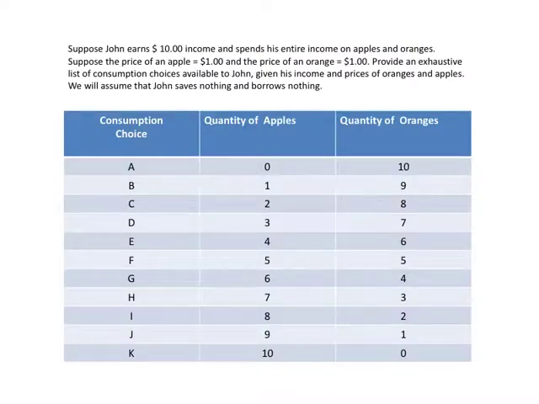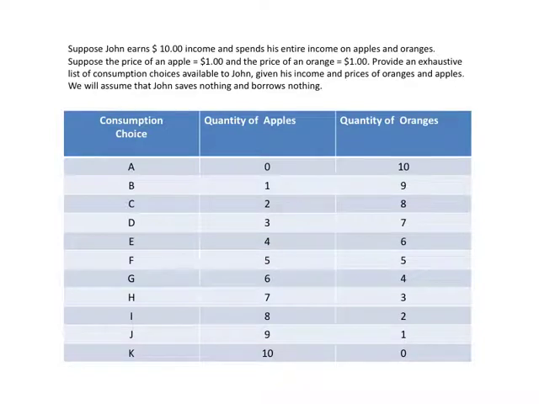Now let us look at another situation that pertains to John. Now John's nominal income or income is $10, and price of an apple and price of an orange is still $1. So this person's income has increased from $5 to $10, and price of an apple and price of an orange stay the same. Based on this, we can figure out consumption choices available to this person.